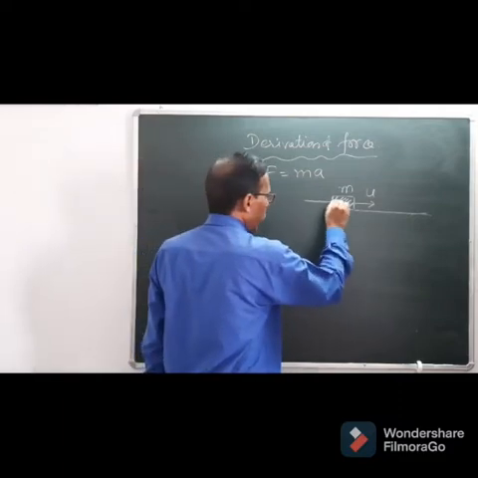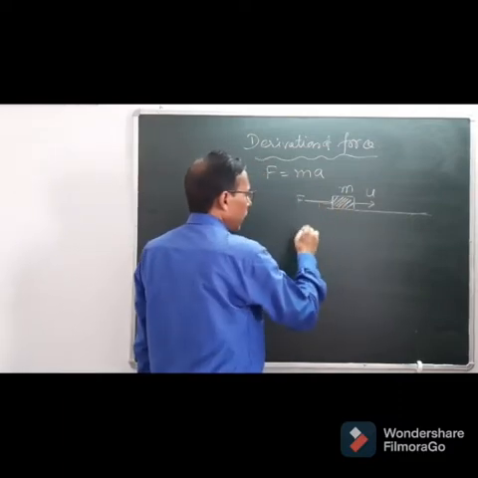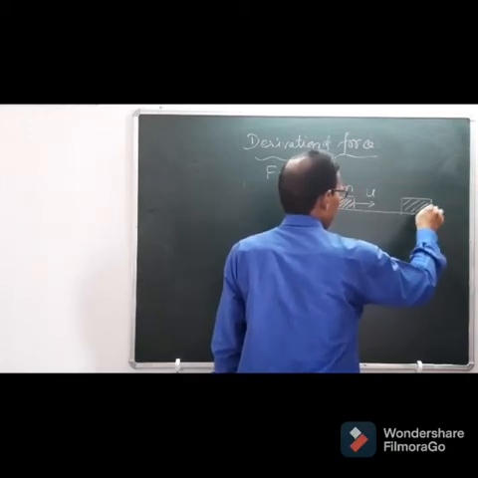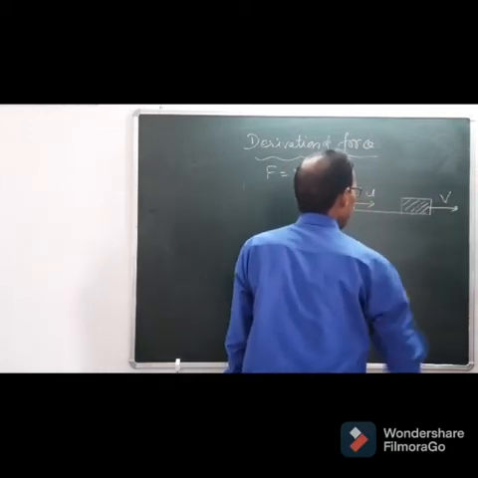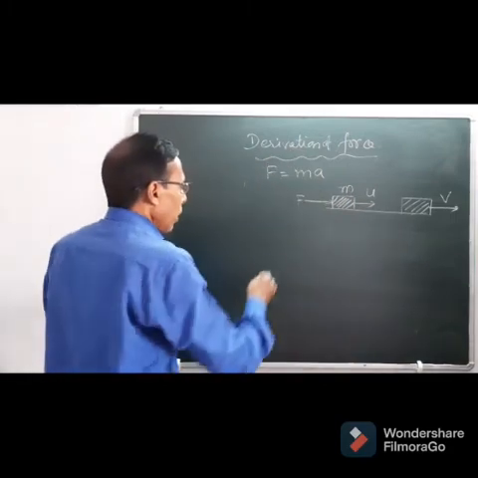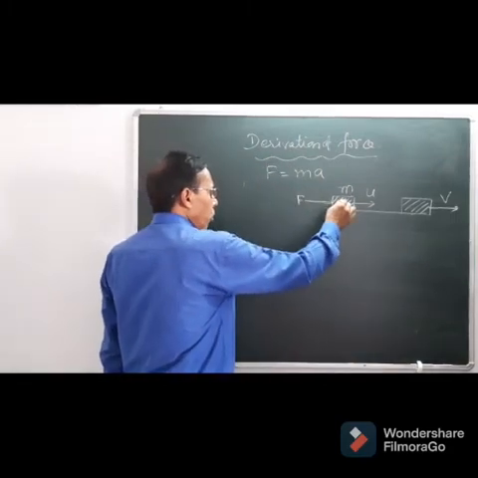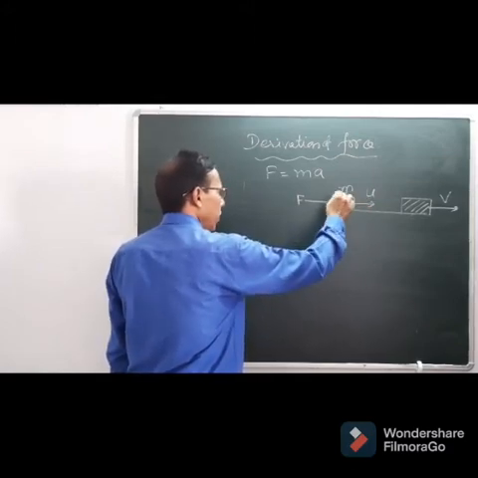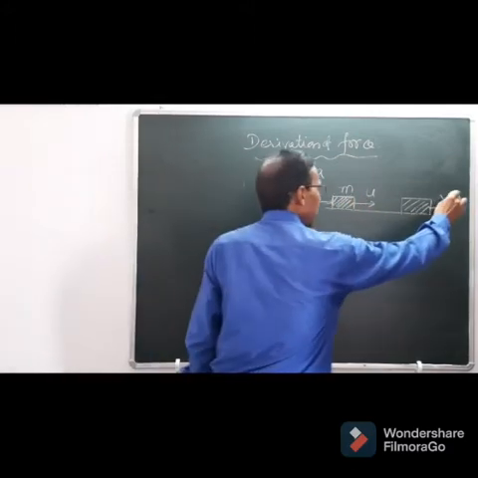When we apply the force F, then its final velocity becomes v. So after applying the force on the object for the time t, its final velocity becomes v.